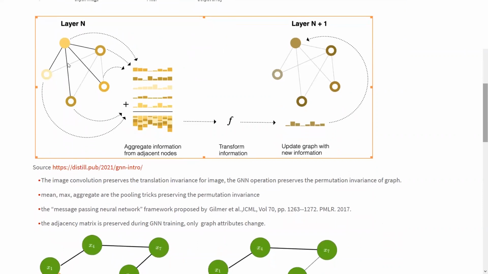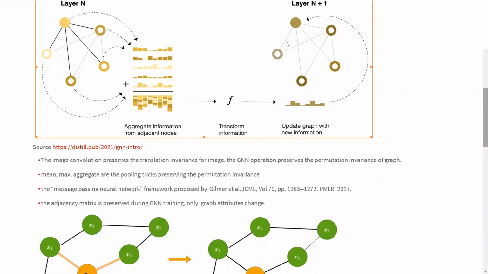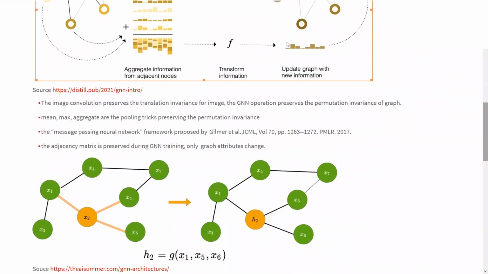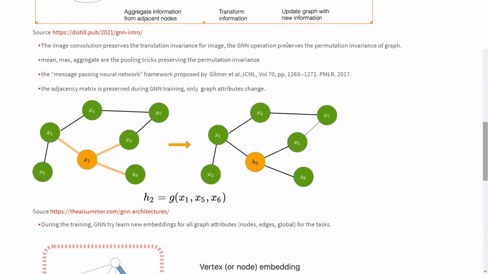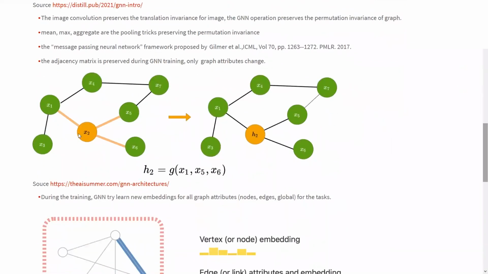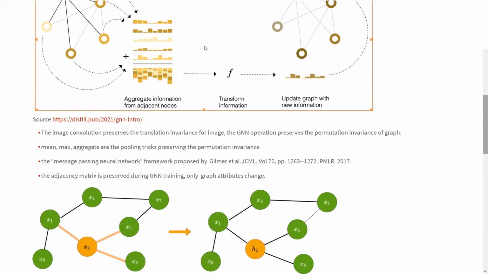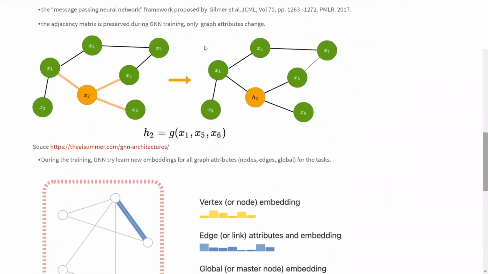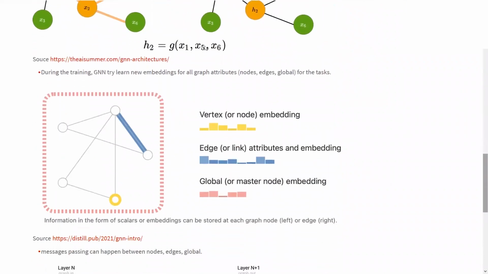You do an adjacency matrix operation and pass the information to the next neighbor. We call it one hop. After that, we update the embedding space by one hop, or one layer operation.